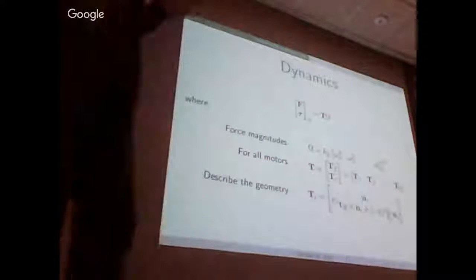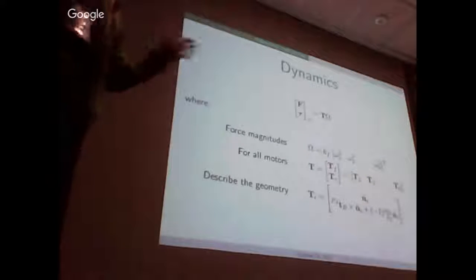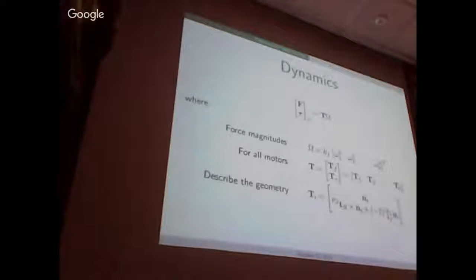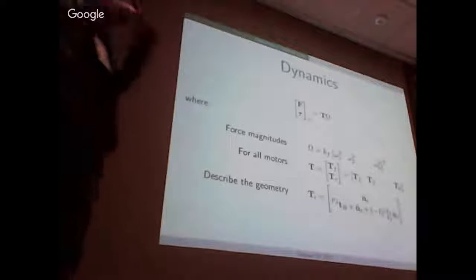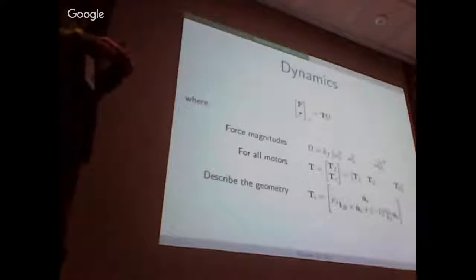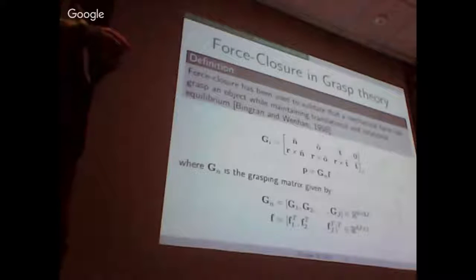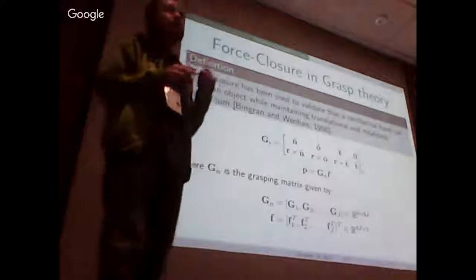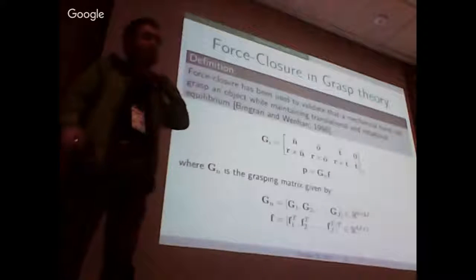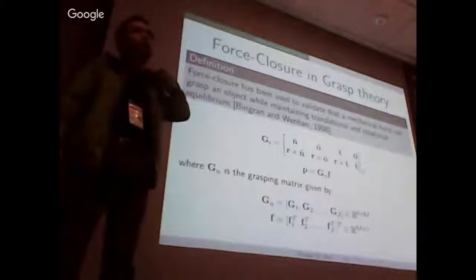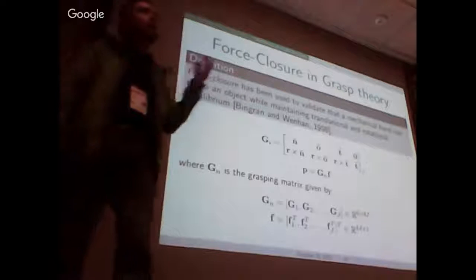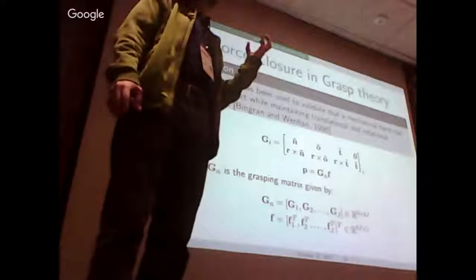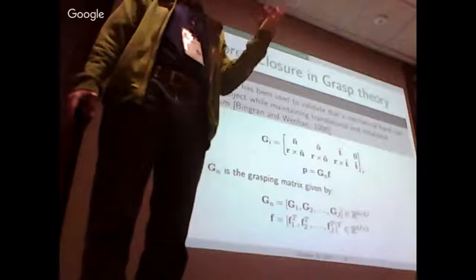What we did differently is we used this model to verify the holonomic capability of the vehicle by studying something called force closure. Force closure is a concept used in robotics when someone tries to study how well a group of forces grasp a rigid body.